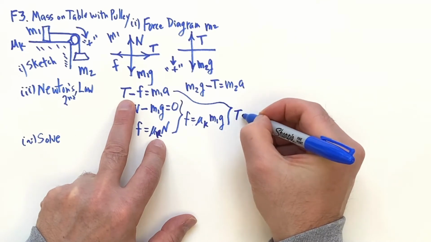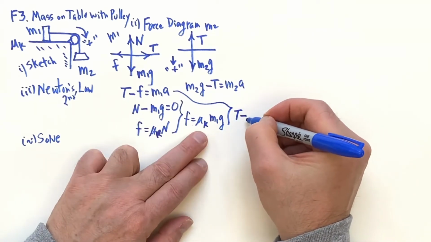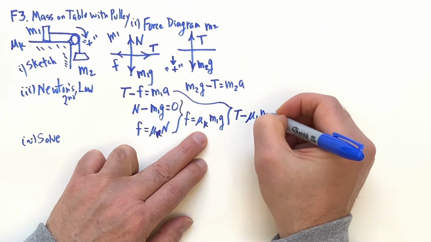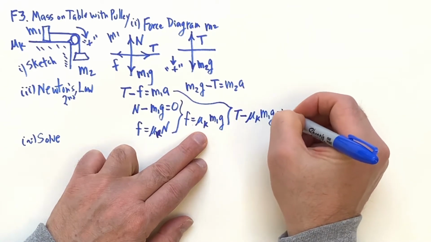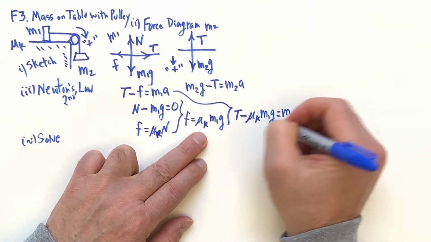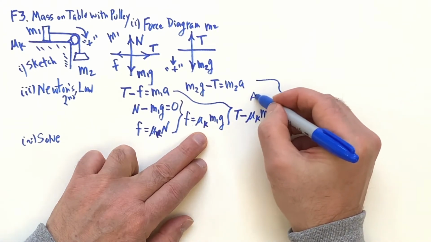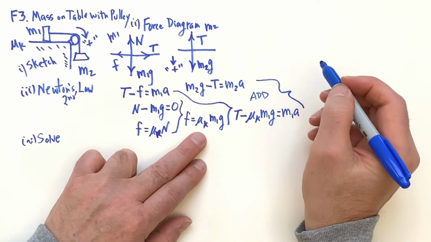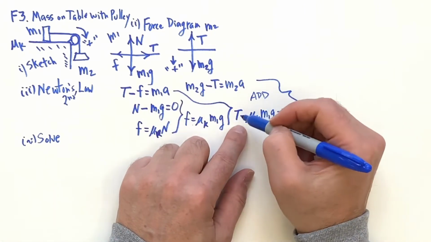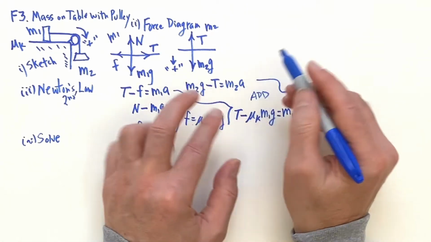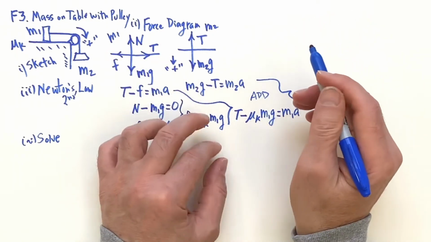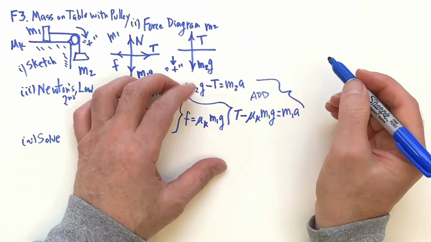Okay, so that gets us mu k times M1G, and then going to the first equation, I would have T minus, put this in for the F, mu k M1G is M1A, and now I go to the second equation, and I'm going to add, using Newton's law of action and reaction, since the tension has opposite signs when you look at the 2 equations.